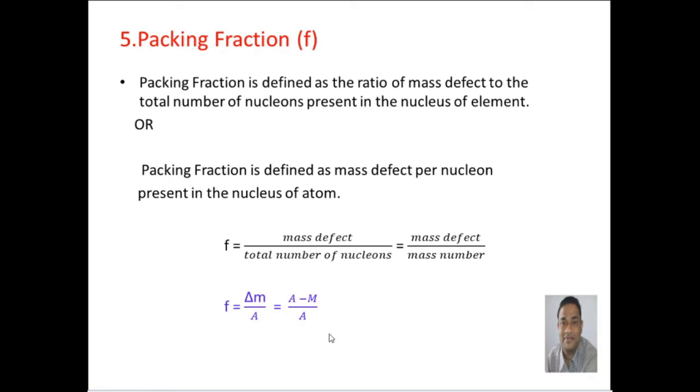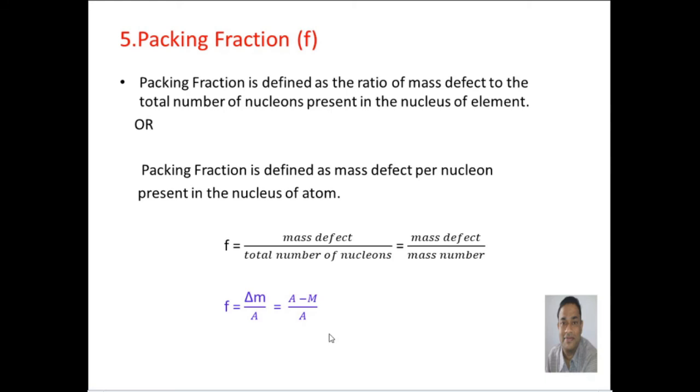Next is the packing fraction F. Packing fraction F is defined as the ratio of mass defect to the total number of nucleons present in the nucleus of an element. And the total number of nucleons present in the nucleus is nothing but the mass number A. So packing fraction is also defined as the mass defect per nucleon present in the nucleus of an atom.